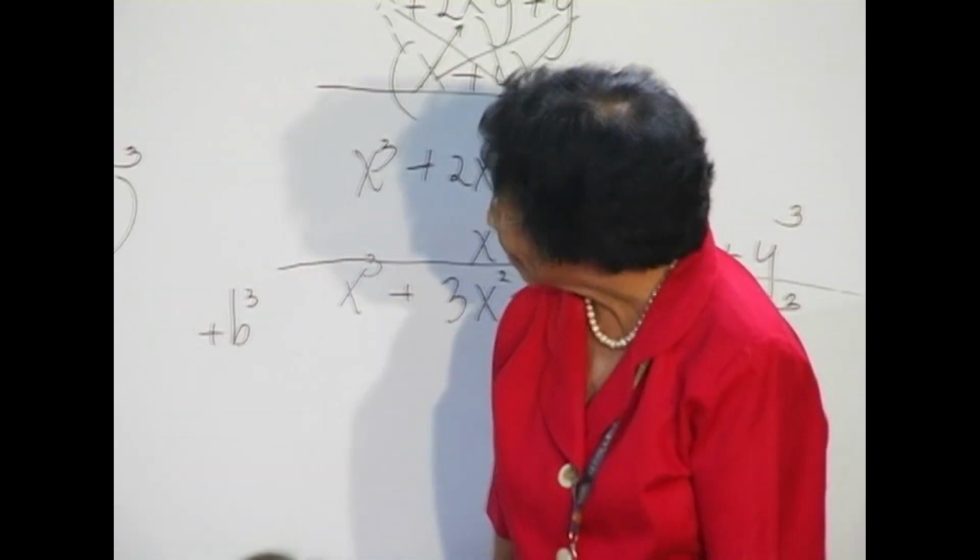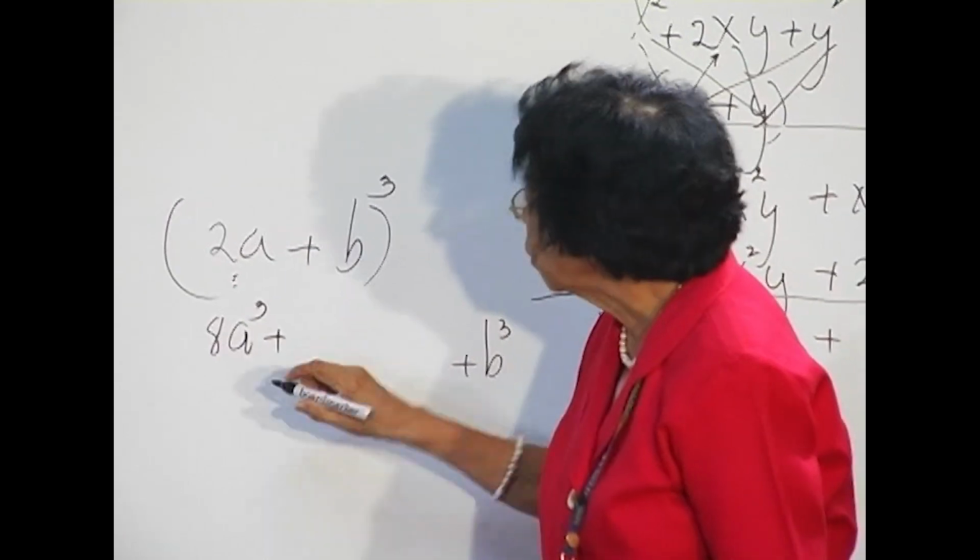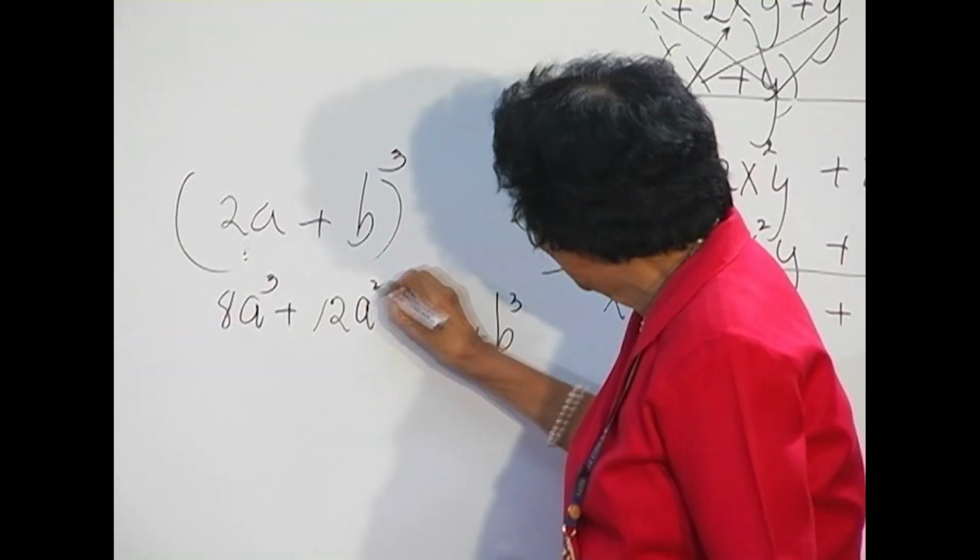Yes. Except there's an element of 3. So 3 times the square of the first. How much is the square of this? 4a squared, times 3 is 12a squared, plus the second: 12a squared b. Lovely.